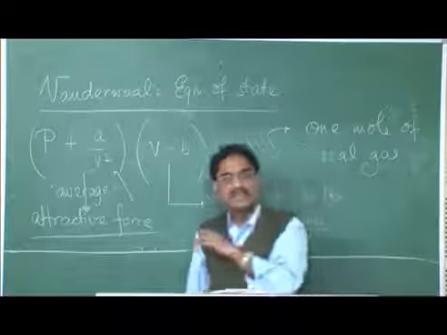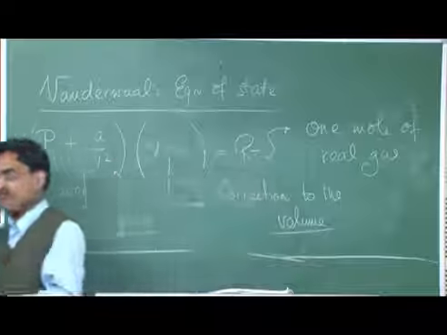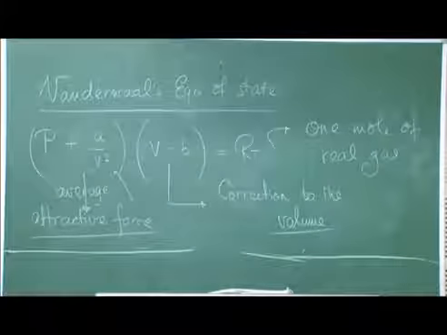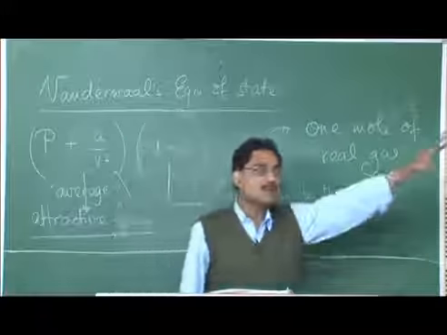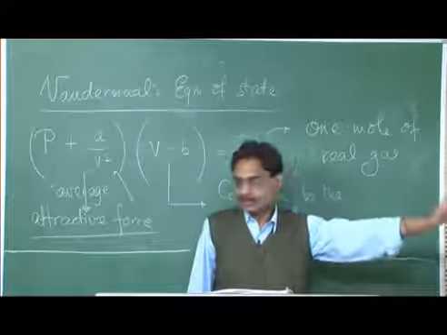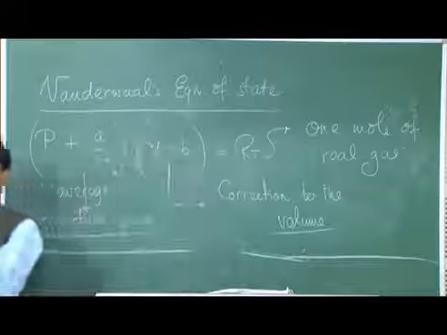One is there is no interaction, fine, let me drop it, but when a molecule goes to the wall, some molecules are at the wall and some molecules are inside.